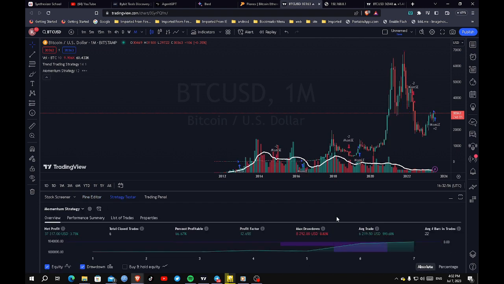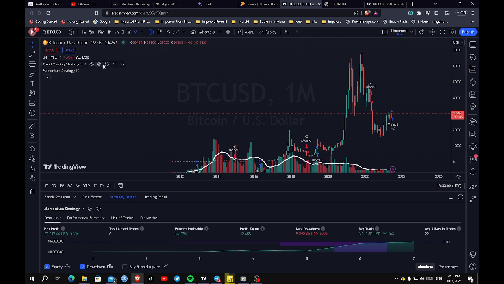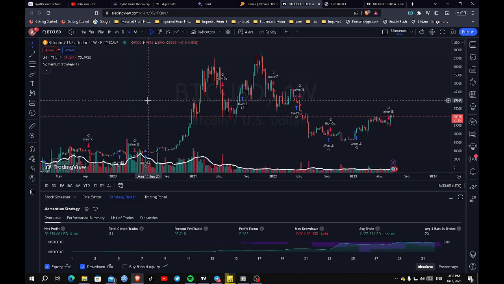Then add to chart. This is a momentum strategy. This one also works very well on the week time frame.